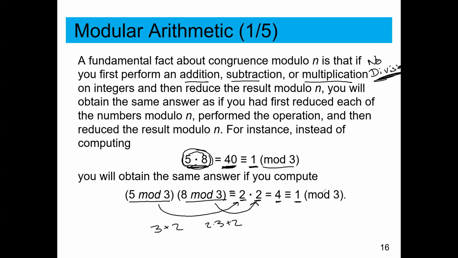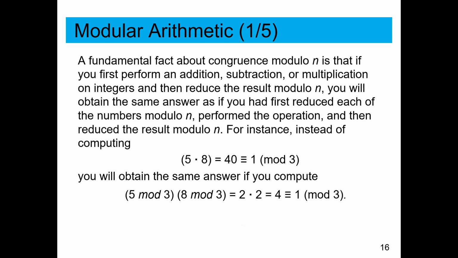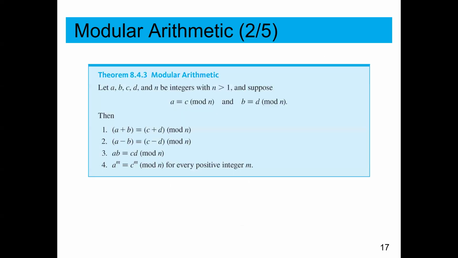This is the idea that permeates and allows us to do a lot of really cool things with modular arithmetic: we can break down computations into smaller bits. In general, here are the 4 major properties to understand. If you give me any value and I know what it is mod n, and another value and I know its value mod n, then the congruence of a plus b is equal to the sum of their congruences mod n.